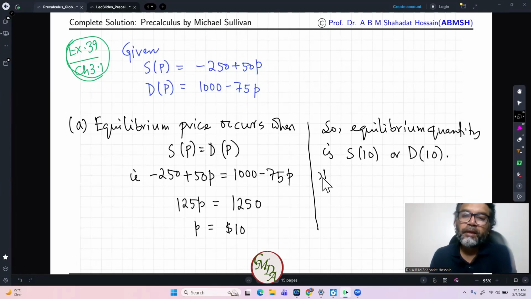Here we calculate just S of 10; both will give the same result. Minus 250 plus 50 times 10, which is 500, and 500 minus 250 is 250 t-shirts.